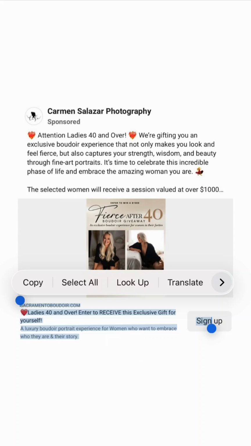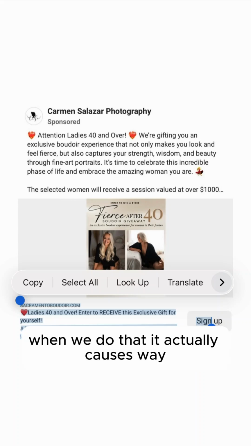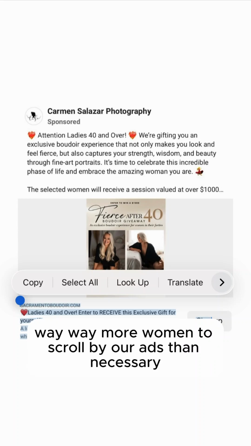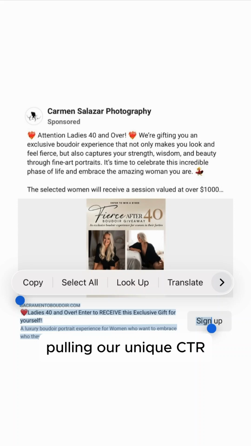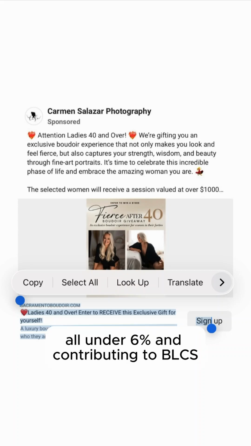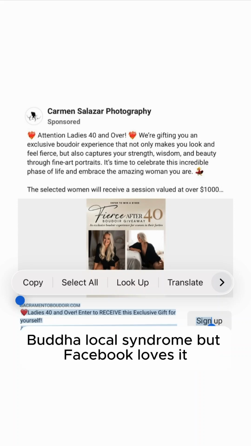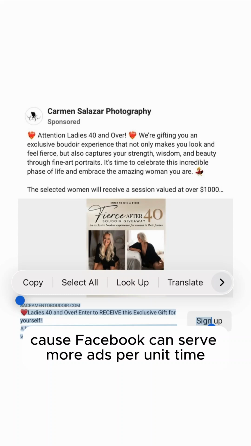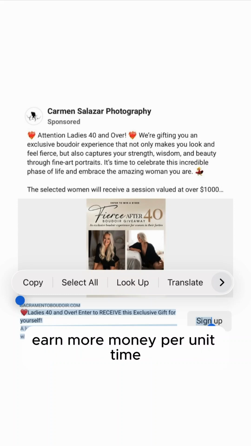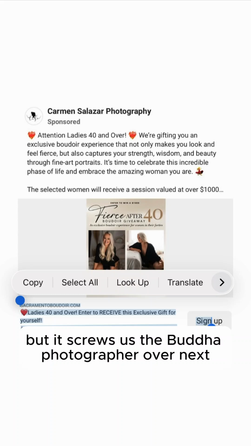And when we do that, it actually causes way, way, way more women to scroll by our ads than necessary, pulling our unique CTR under 6% and contributing to BLCS, Boudoir low click syndrome. But Facebook loves it because Facebook can serve more ads per unit time, earn more money per unit time, but it screws us, the Boudoir photographer, over.